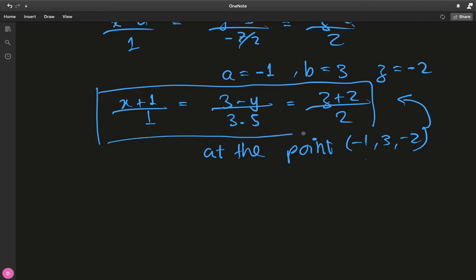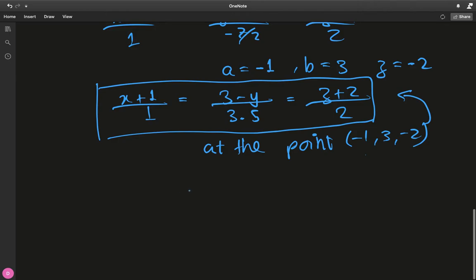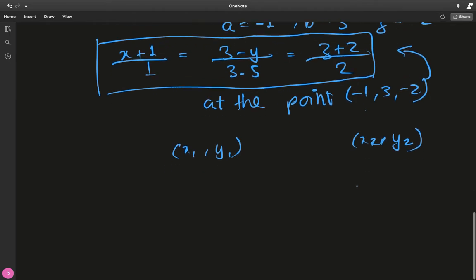Again, you can parameterize it and write it in the form of a vector and 3D parameterization, but it's up to you. This is somewhat analogous to the fact that if you had the point-slope form in 2D coordinate geometry, say (x1, y1), you used to have y minus y1 is equal to the slope times x minus x1.